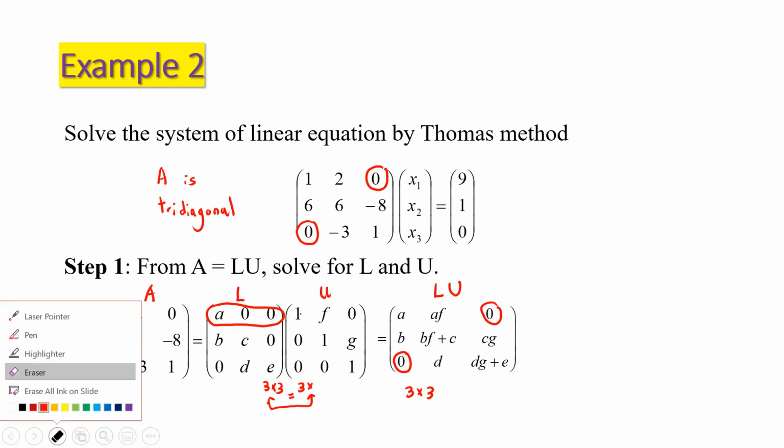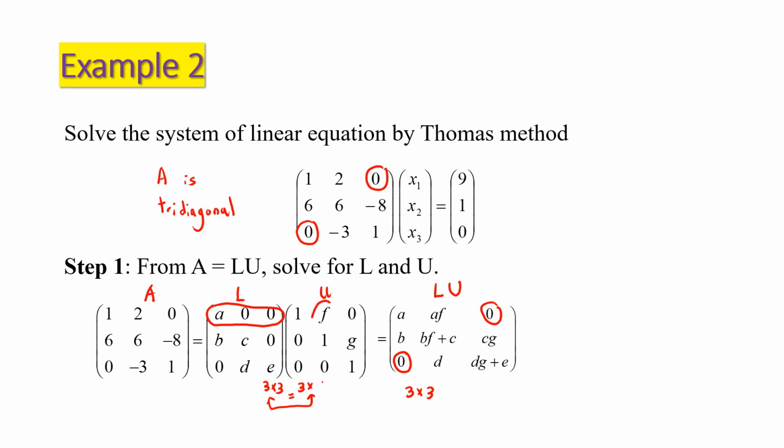Next we move to the second column. You have A times F, because the other two entries are multiplied by 0, so the result is AF. Next, we move to the third column: A times 0, 0 times G, 0 times 1, so the product is 0.